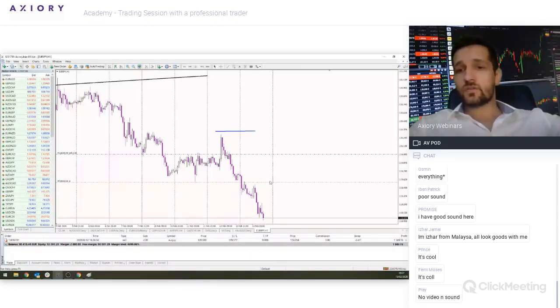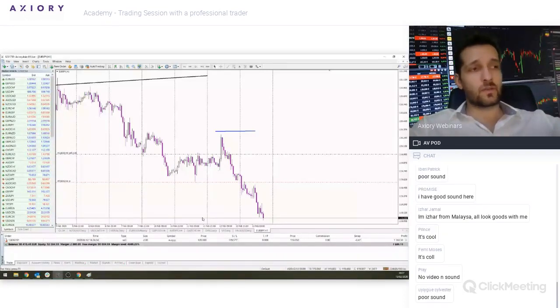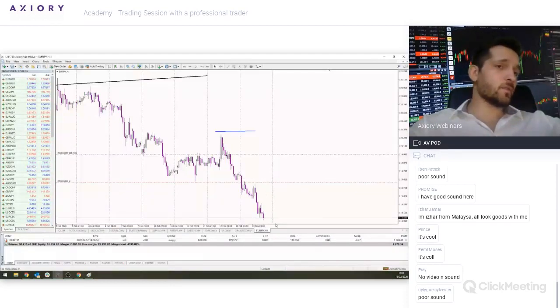I told you to not risk more than 1%. So I could have opened a much bigger position. I could have opened 3 lots. If I opened 3 lots, that would be a risk of 1%. But I opened only 2. As you can see now, I'm in profit 1,500 euros.